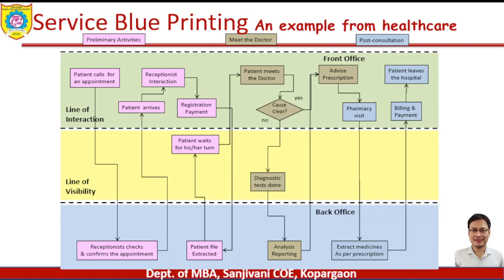So basically these are the back office operations which act as the connecting link between the activities happening above the line of interaction and above the line of visibility and the actual processes happening in the back office, and again back to the line of visibility and line of interaction.